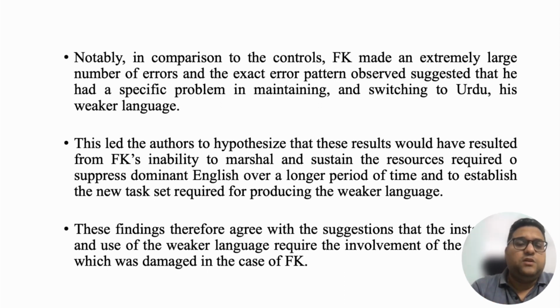These findings therefore agree with the earlier suggestions that the instruction and use of the weaker language required the involvement of a new task set, which was damaged in the case of FK.